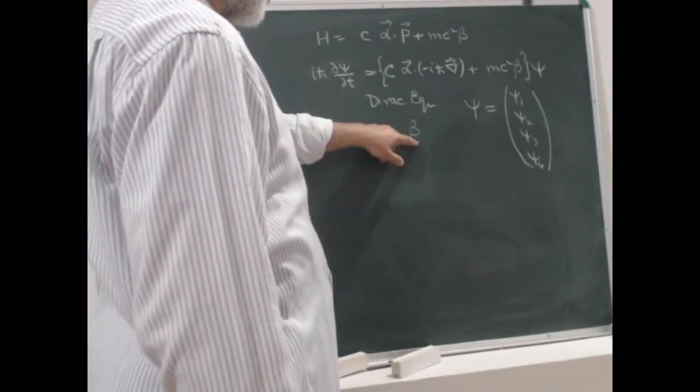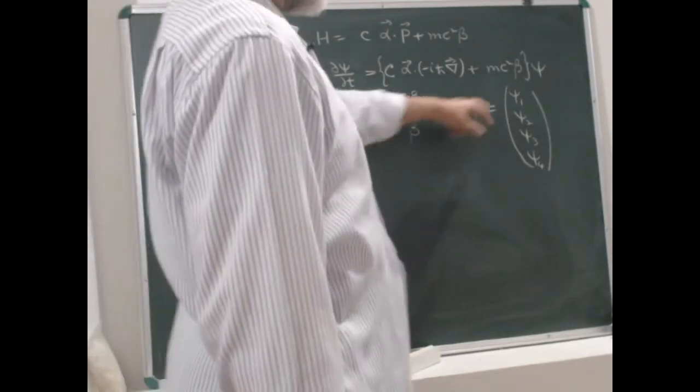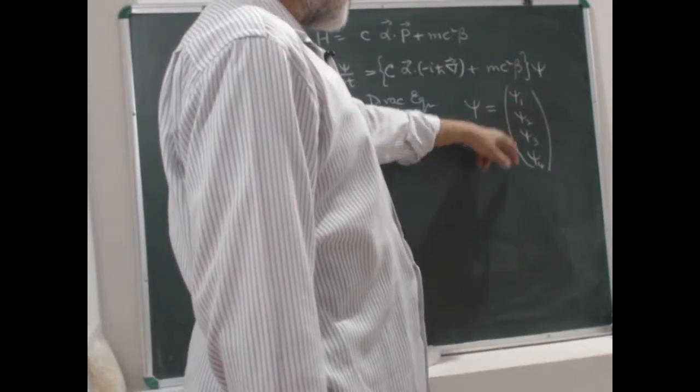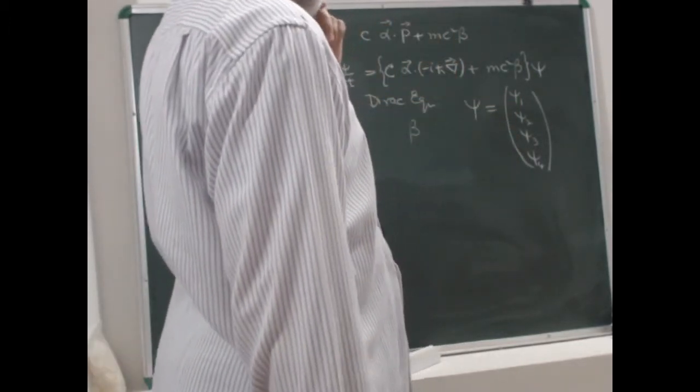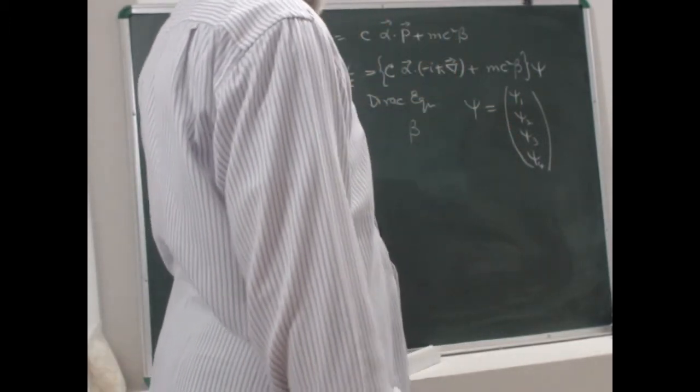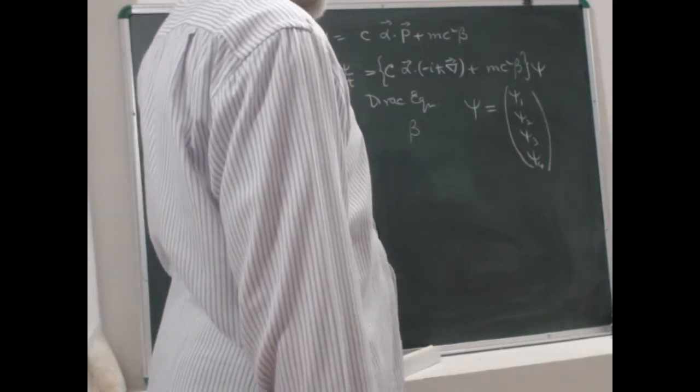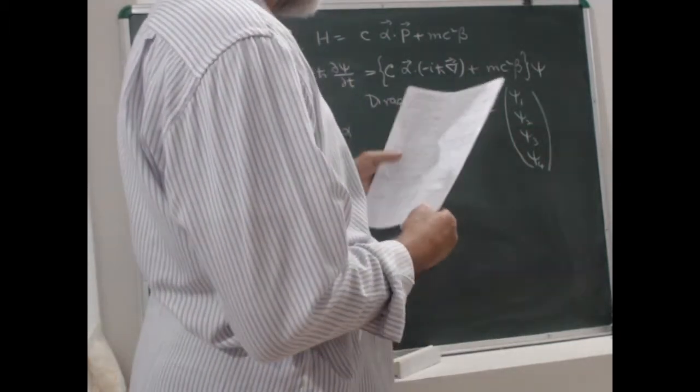This is also a 4 by 4 matrix. This is a column having 4 components. So in fact the Dirac equation is four simultaneous differential equations.